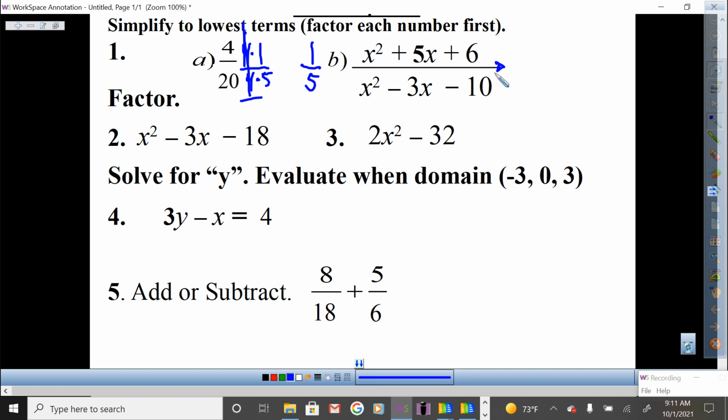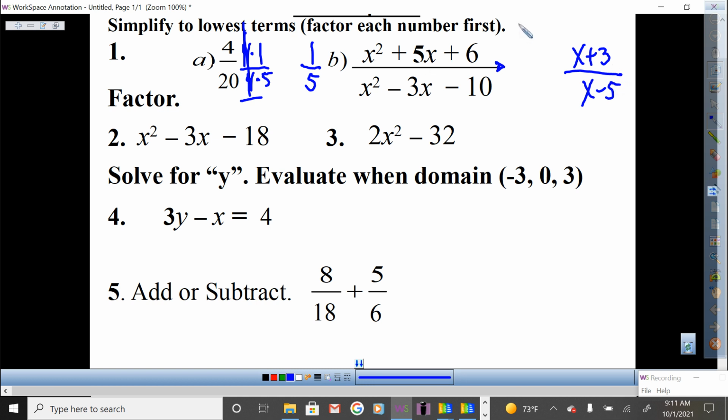Let's see. Someone was raising their hand from back there. Was it Caesar? What did you get for 1B? 3 over -5. Close. Isaiah. Hands if you got that. That is correct.